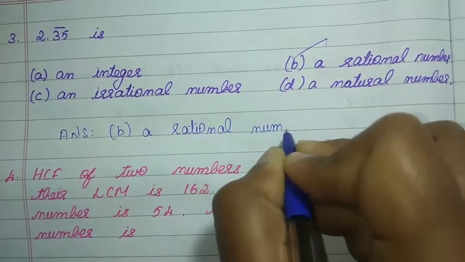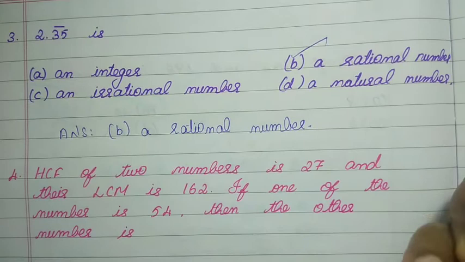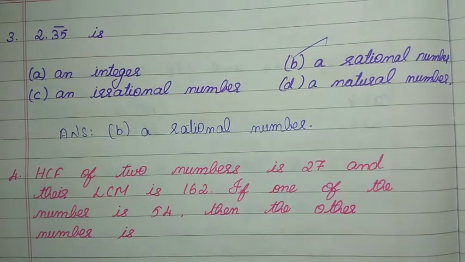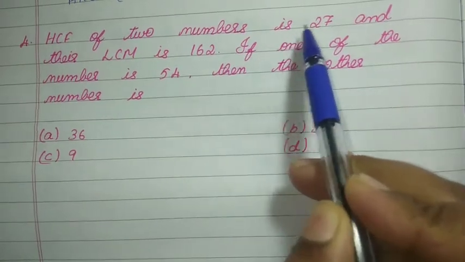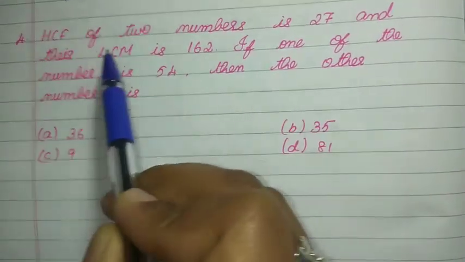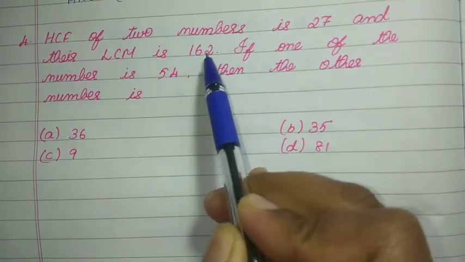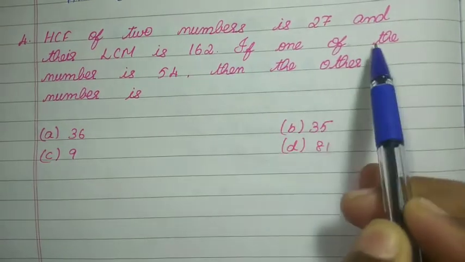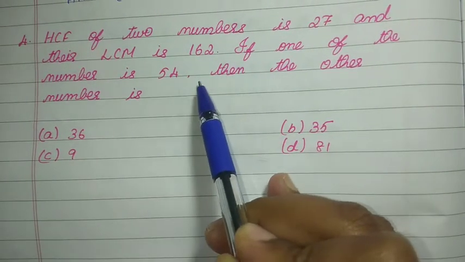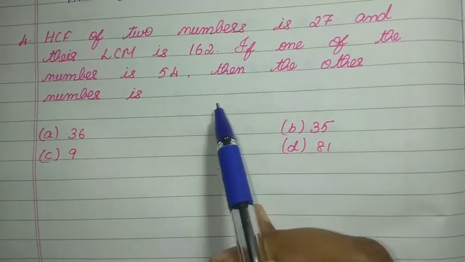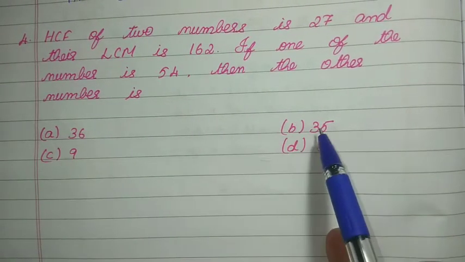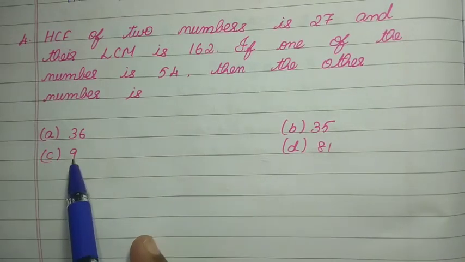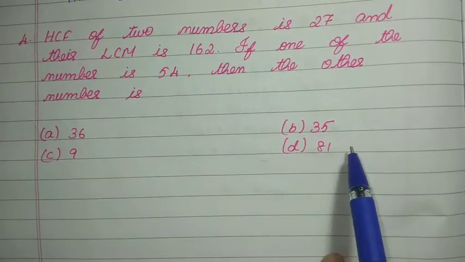That's it. Question 4. HCF of two numbers is 27 and their LCM is 126. If one of the numbers is 54, then the other number is option A 36, option B 35, option C 9, option D 81.